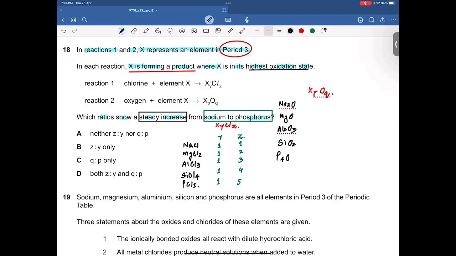We cannot consider P4O6 because the examiner is talking about the highest oxidation state. So we have to check P and Q. The ratio in sodium oxide is 2:1.